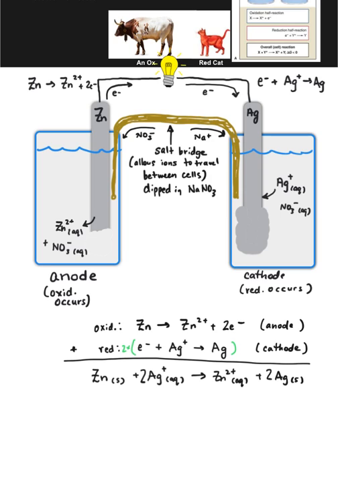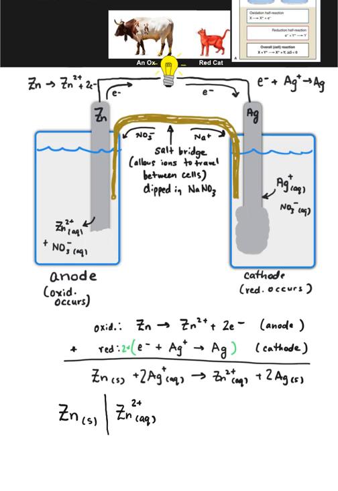One more way to write the exact same information is to reproduce all of this in shorthand. In shorthand notation, we write all of the components of our anode on the left-hand side of a single line. The components of our anode include solid zinc and zinc in an aqueous phase as a cation with a 2 plus charge.